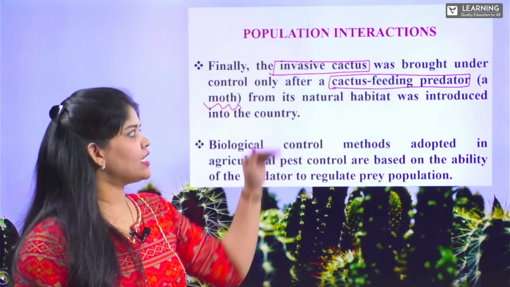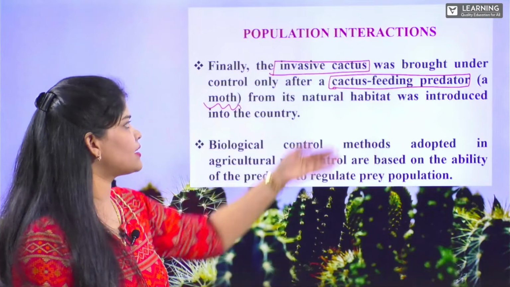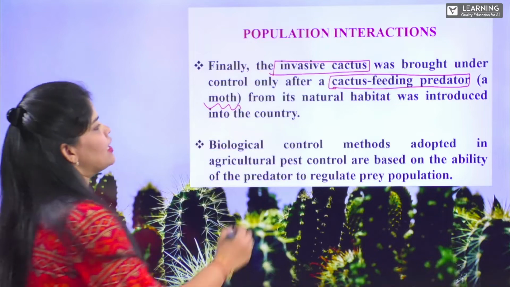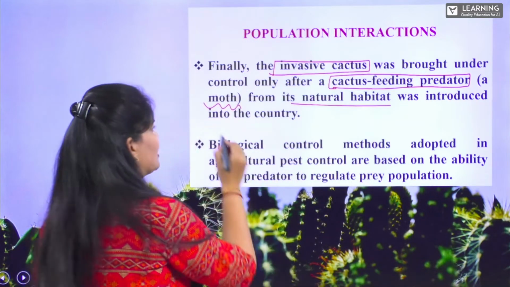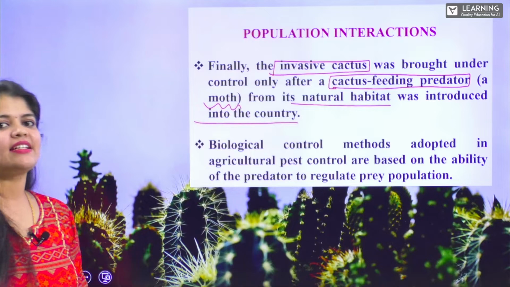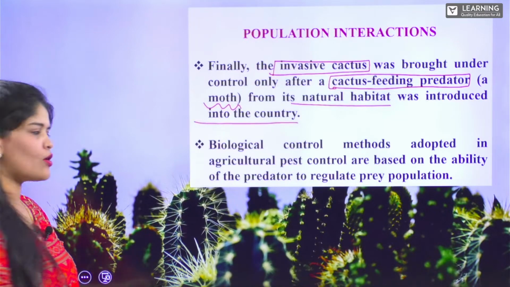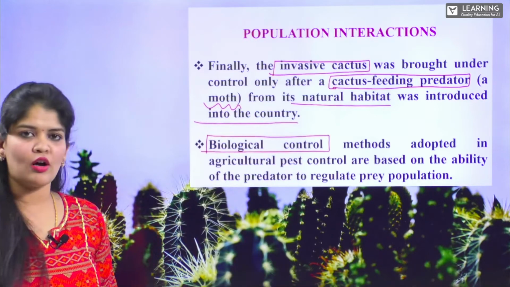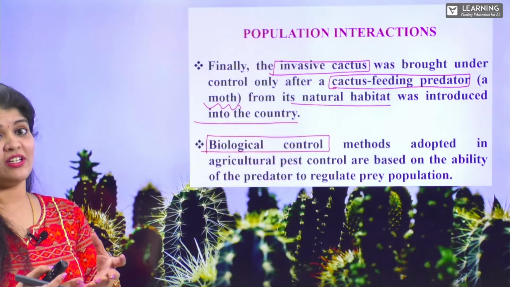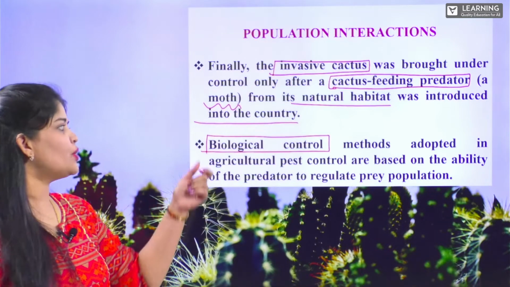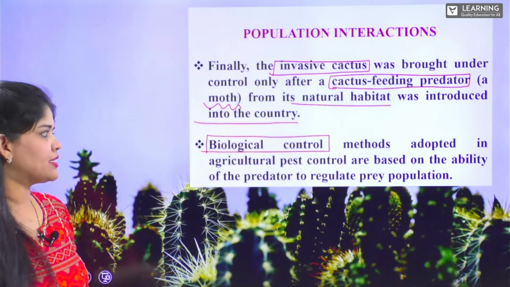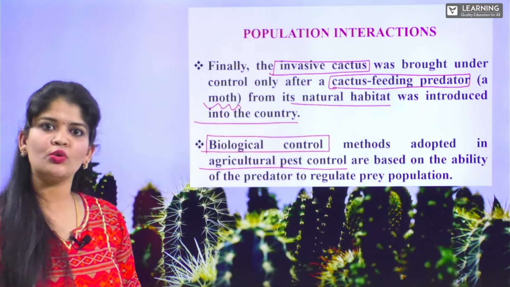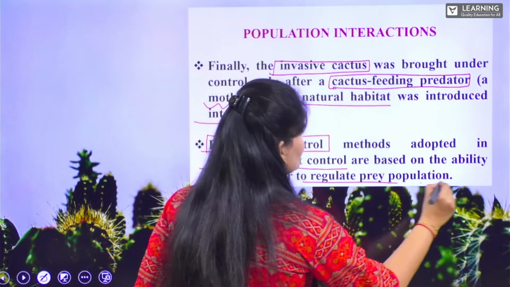Then the cactus-feeding predator, the moth, from its natural habitat was introduced into Australia, and then it came under control. This is called biological control. So predators are useful in biological control. Biological control methods adapted in agricultural pest control are based on the ability of the predator to regulate prey population.